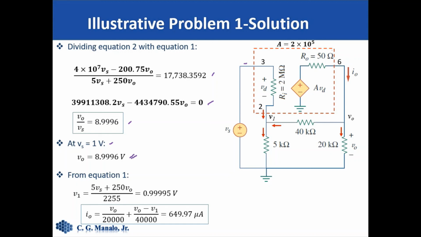Given the output, we can solve for the node voltage V sub 1, and from there we can also solve for I sub naught, which is by KCL equal to this current plus this current. This current is this one, while this current is this one, and that should give us this value.